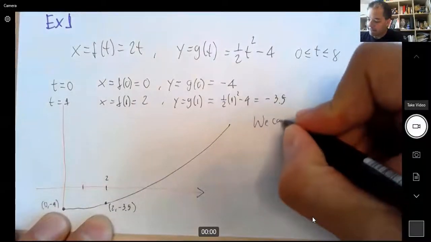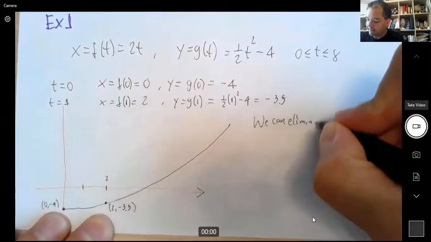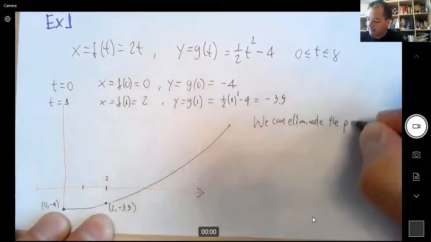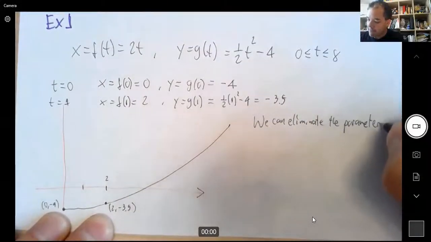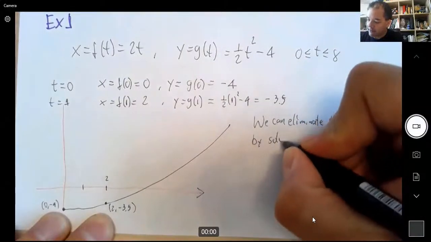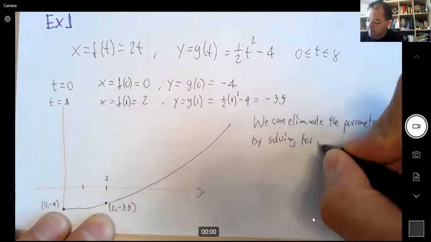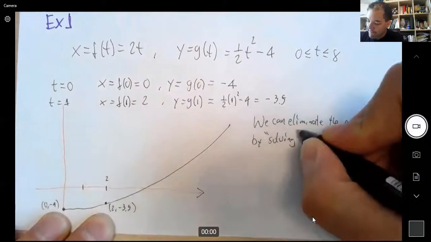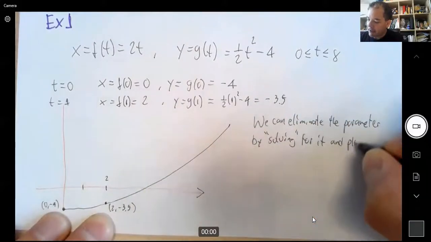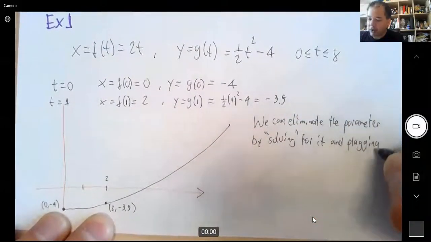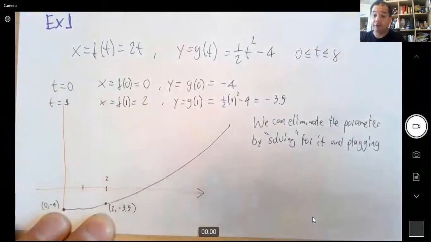We can eliminate the parameter by solving for it and plugging. And the problem is that sometimes solving is very difficult, right?